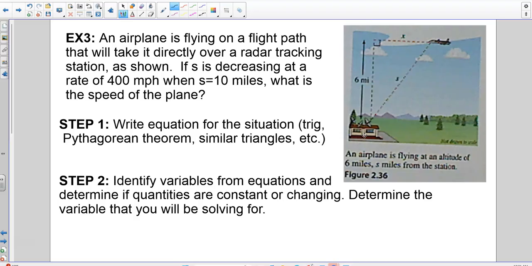Whenever the radar is sending out its signal, I wish I could explain this in better terms, but it sends out its signal. That signal goes out. The signal is the S on this picture right here, right? It goes out, does whatever the signal does, bounces back to the plane.